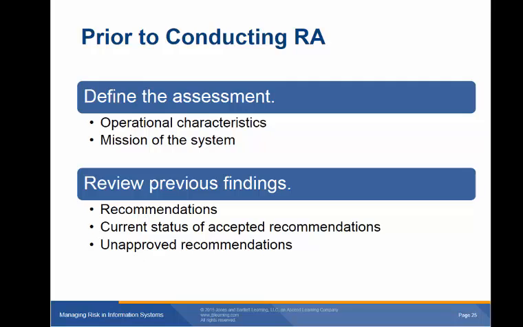Now the mission of the system. Oh yeah, let me back up a little bit on the operational characteristics. After you perform the risk assessment against the current system, the current configuration isn't always apparent or readily available. It sometimes takes some digging, some simple questions that you might want to include in your risk assessments.